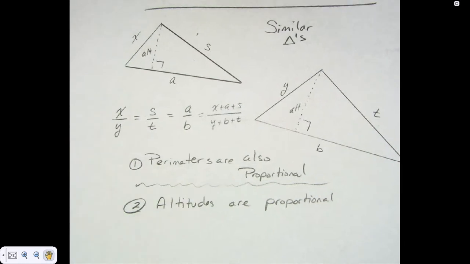Now that we're talking about altitude, let's hop over to a problem from our red book, and we'll hop back over to here. And let's do a problem that has altitudes in it.